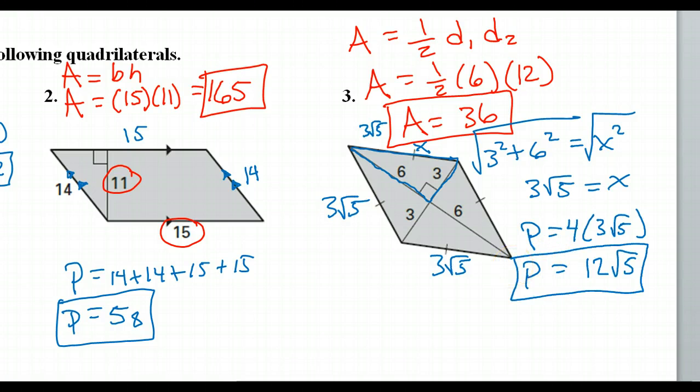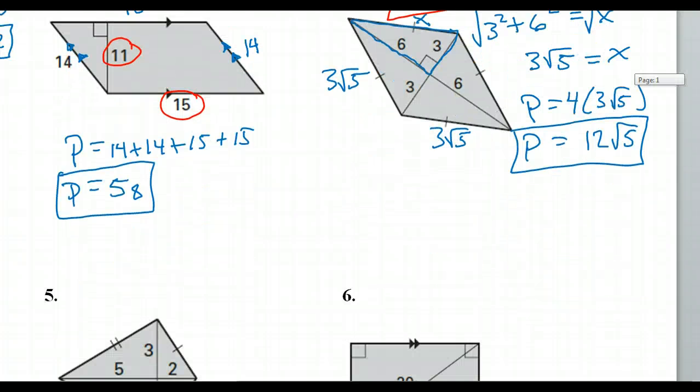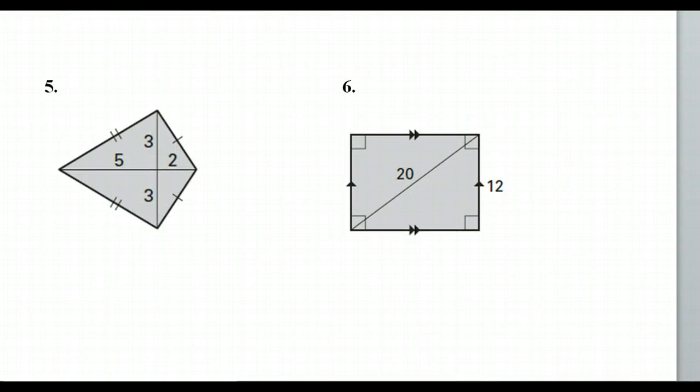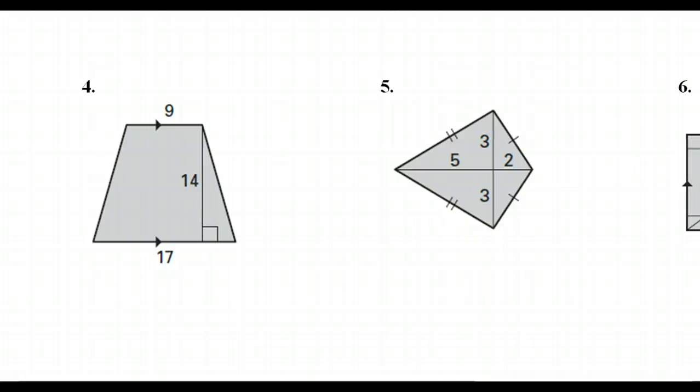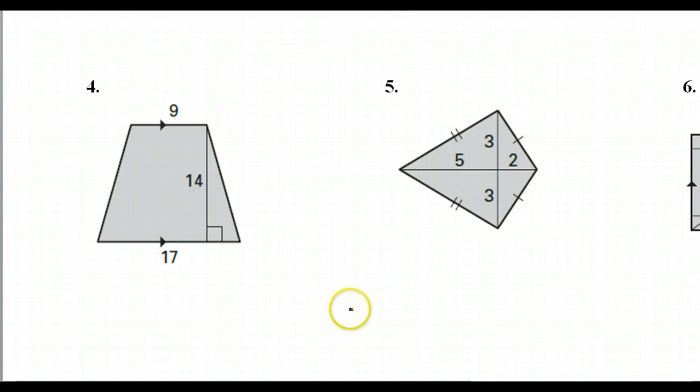All right, let's go on to number 4. Trapezoid. The formula for the area of a trapezoid is 1/2 base 1 plus base 2 times height.